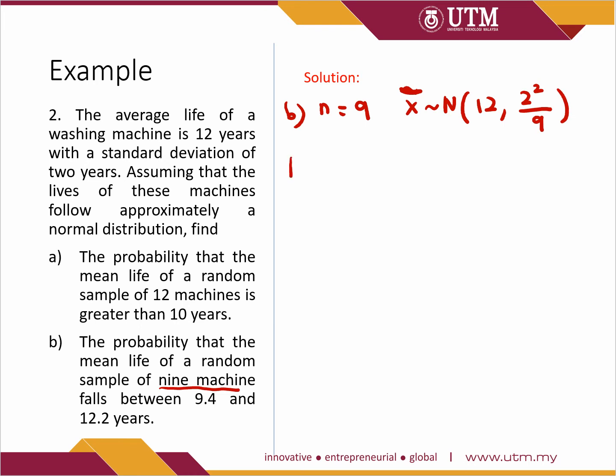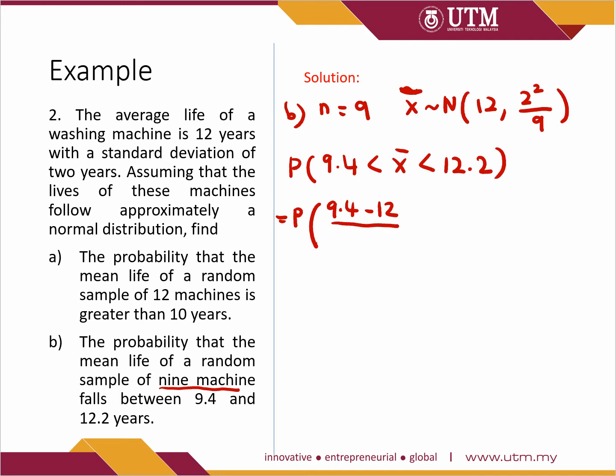So we want to find the probability of the mean life between 9.4 and 12.2. So here would be 9.4 minus the mean divided by the standard deviation, 2 over 3.